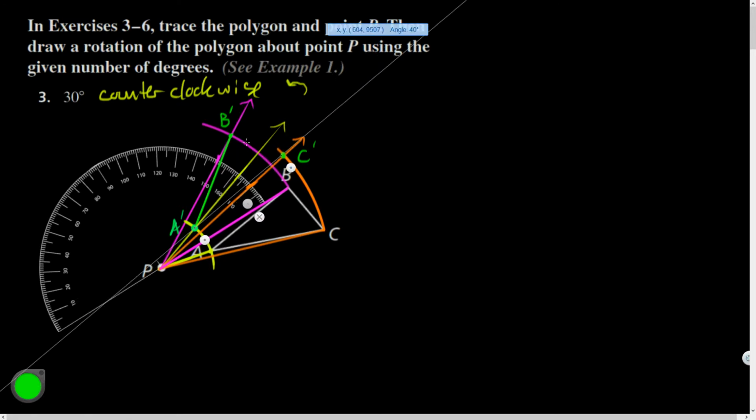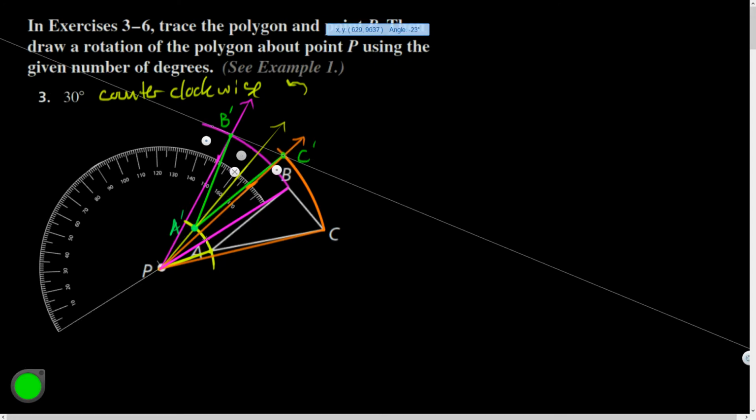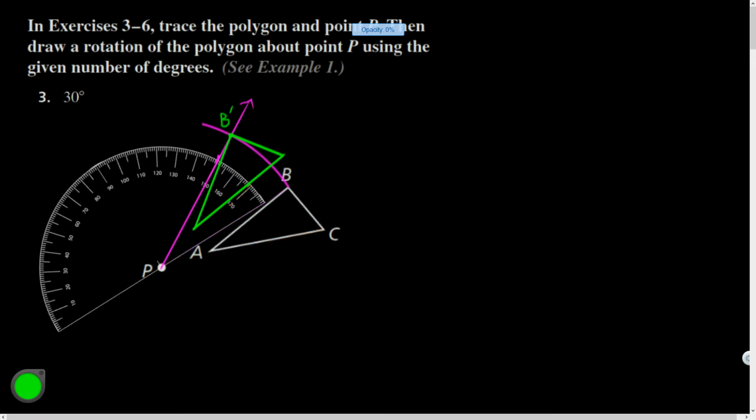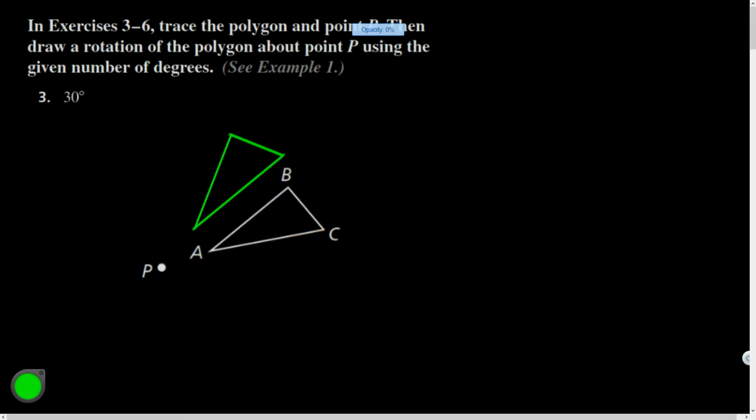I need A prime and I need C prime. And I believe if I fade out some of my work, that's a 30-degree rotation about point P.